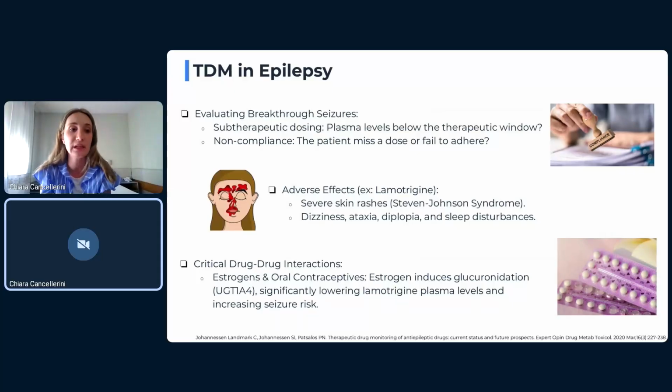It is also really important when a patient experiences adverse effects, such as the classical signs of lamotrigine that I reported here, or for monitoring drug-drug interactions, which can be really frequent, for instance, in women taking an oral contraceptive.